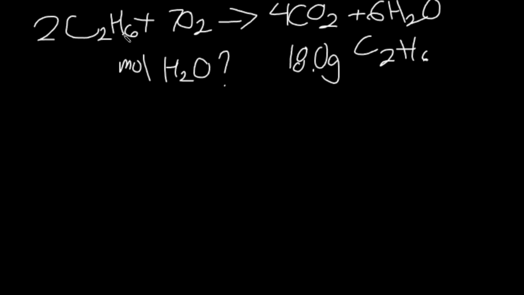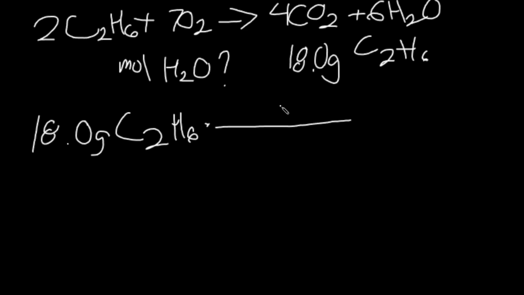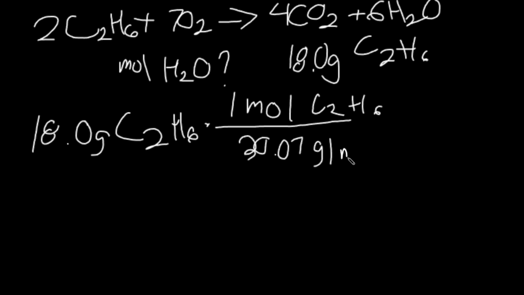Using the same balanced formula for the simplicity of this video, we put 18.0 grams of C2H6 multiplied by 1 mole of C2H6 over the molar mass of C2H6, being 30.07 grams per mole.